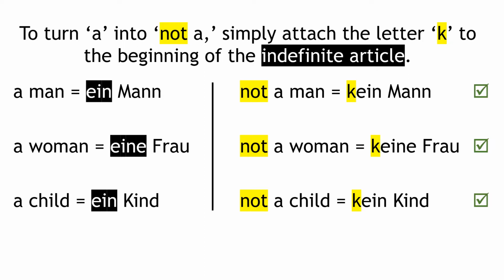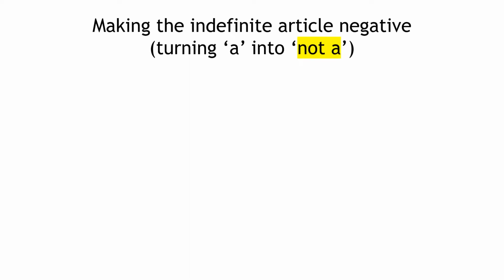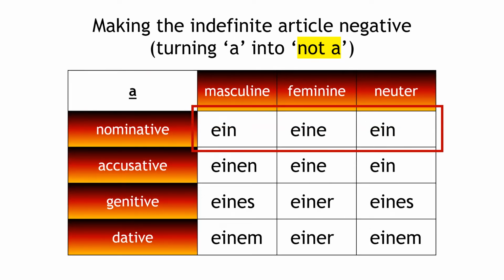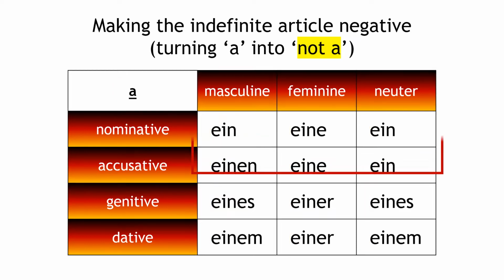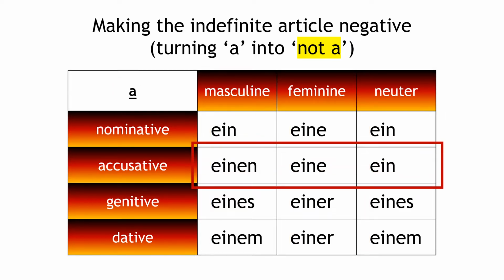What you have just learned about making the indefinite article negative, turning a into not a, applies not only to the nominative case. We changed ein, eine, ein into kein, keine, kein by adding the letter K to the beginning of the indefinite article. The same rule applies to this whole table. So einen, eine, ein becomes keinen, keine, kein.